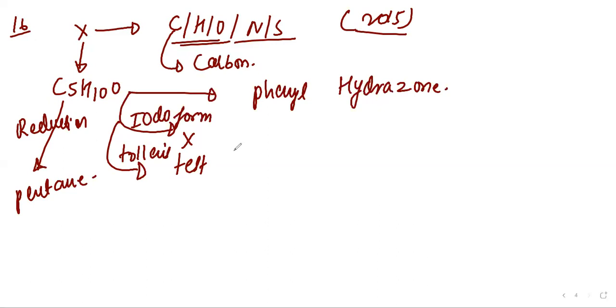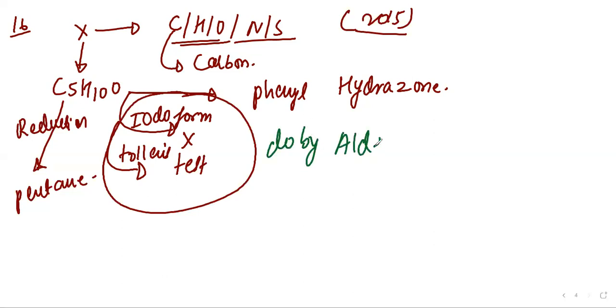So see here, as the compound X produces phenyl hydrazone and gives a negative iodoform test and Tollens test, it contains a C double bond O group, neither a methyl ketone nor an aldehyde. So this will be your ketone, not an aldehyde, because the iodoform and Tollens tests are done by aldehydes only.